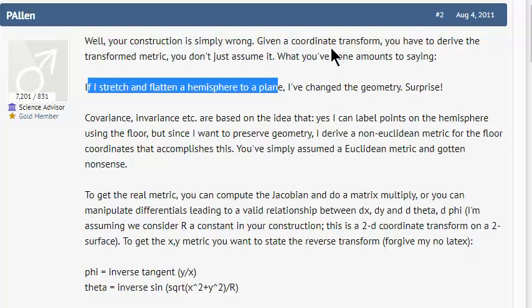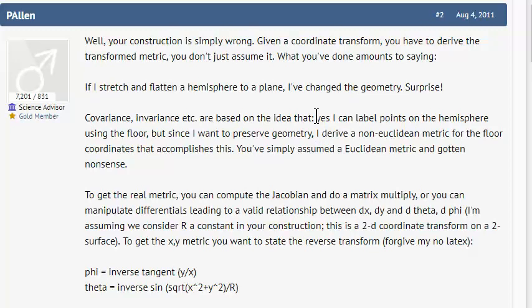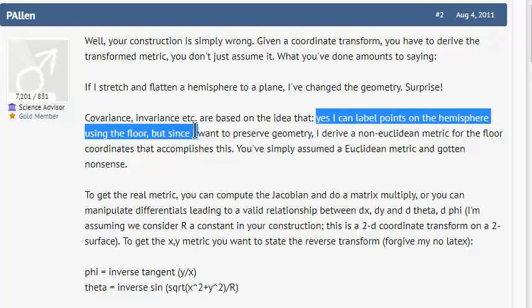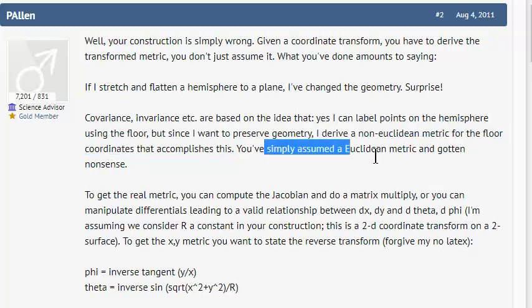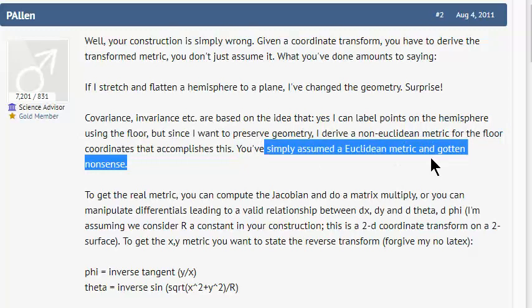And PAllen said, yes, I can label points on the hemisphere using the floor, but since I want to preserve geometry, I derive a non-Euclidean metric for the floor coordinates that accomplishes this. Why would you do that? And he says, you simply assumed a Euclidean metric and got nonsense.